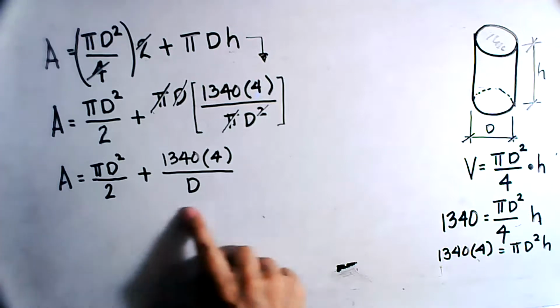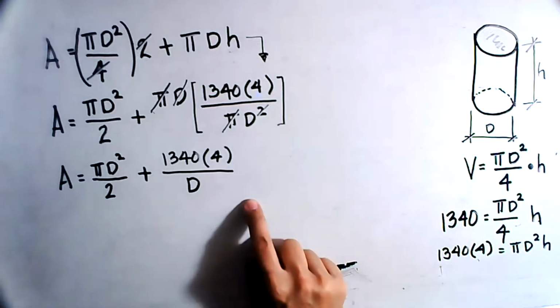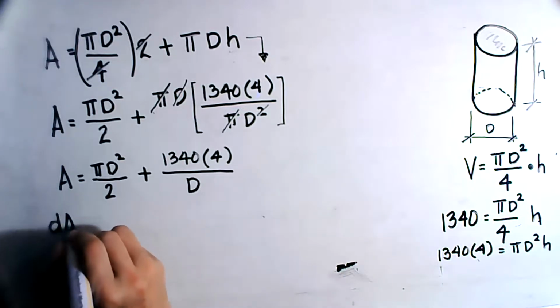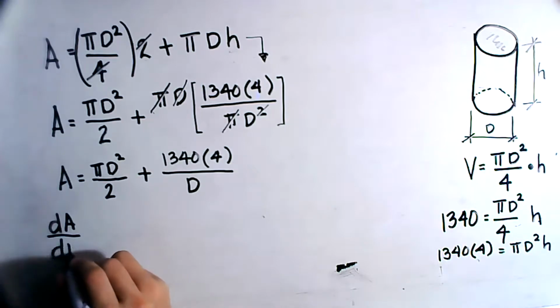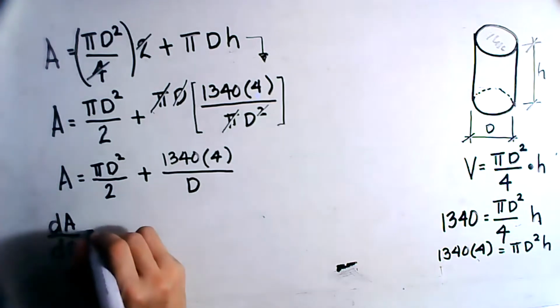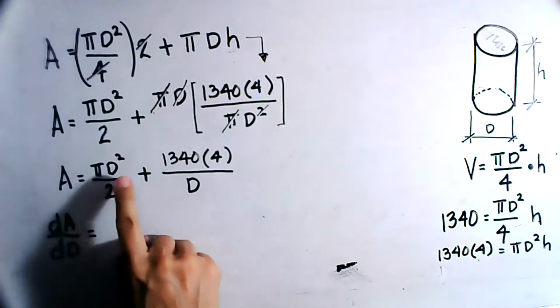This will be our equation for the area, and this equation will be the one that should be minimized. So we are going to determine the derivative of A with respect to D, or the derivative of the area with respect to the diameter.